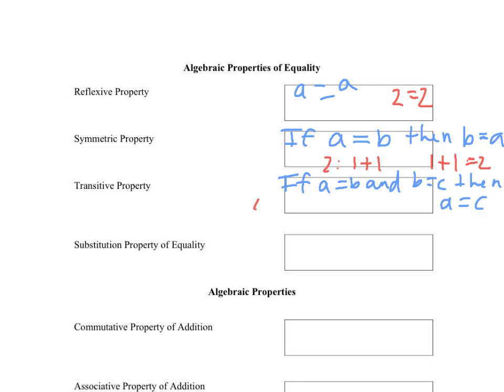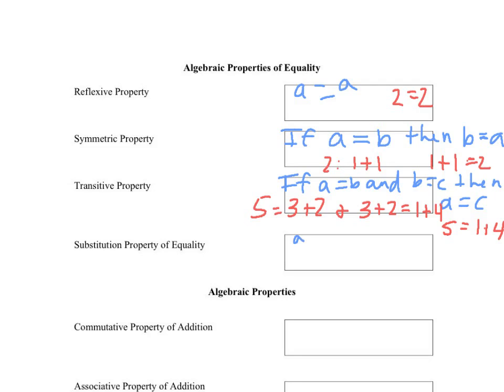So if I say 5 equals 3 plus 2 and 3 plus 2 equals 1 plus 4, then I can say 5 equals 1 plus 4. And I know those are just simple, easy examples, but that makes you realize how it comes into play.